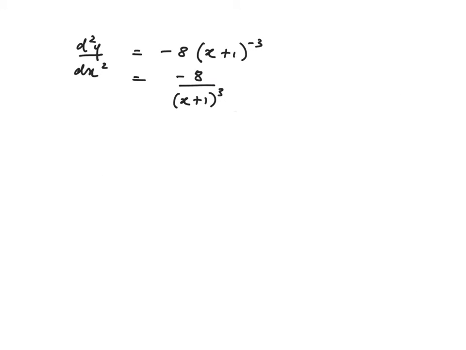Now we could talk about the nature of the stationary points. When x has the value 1, d2y by dx squared is minus 8, which is less than 0, therefore 1, minus 3 is a maximum.